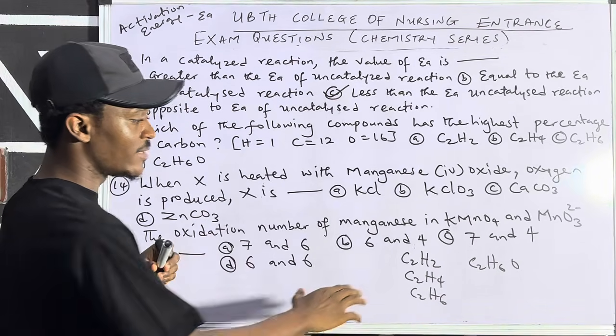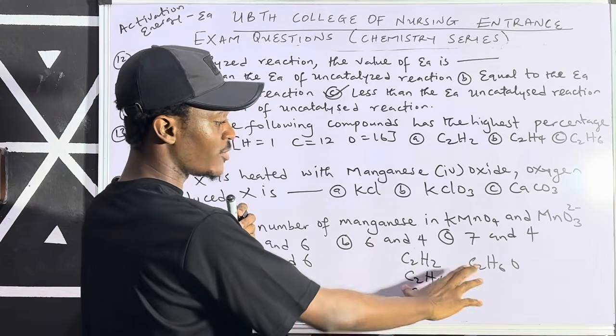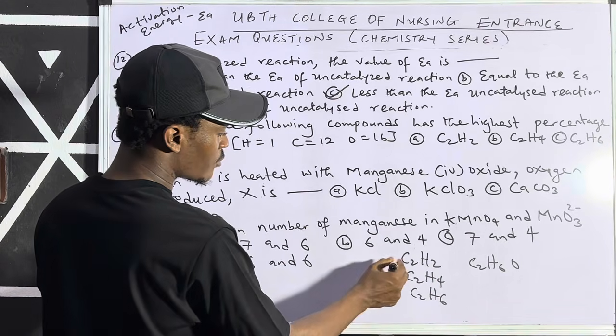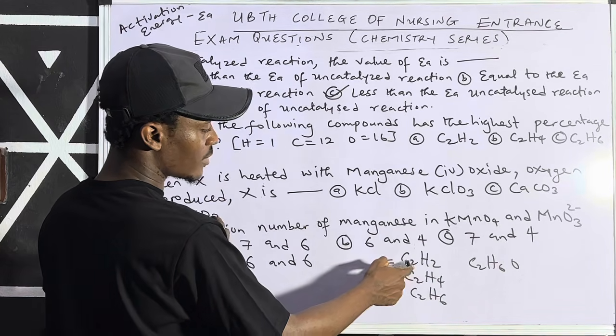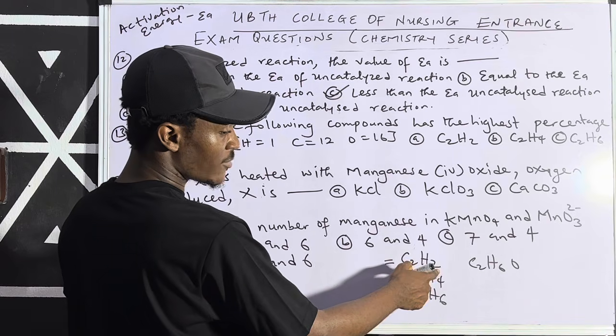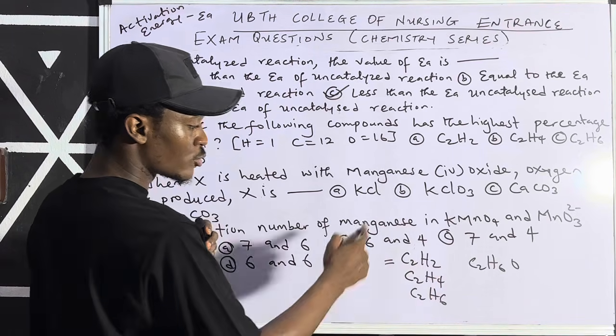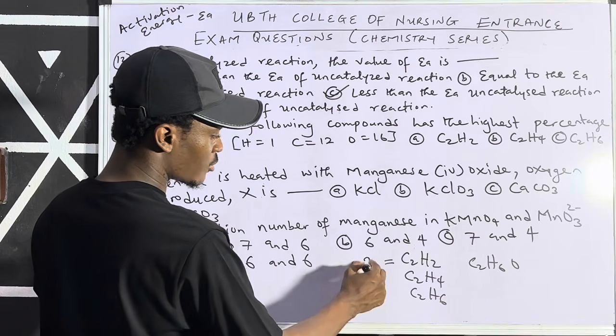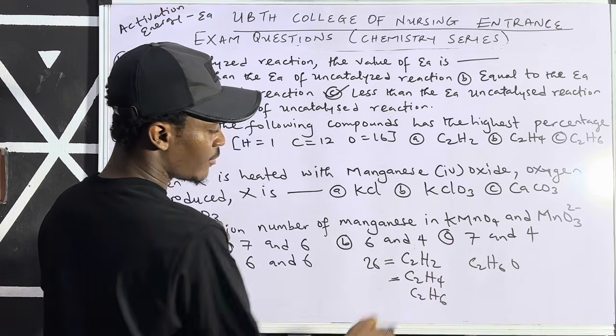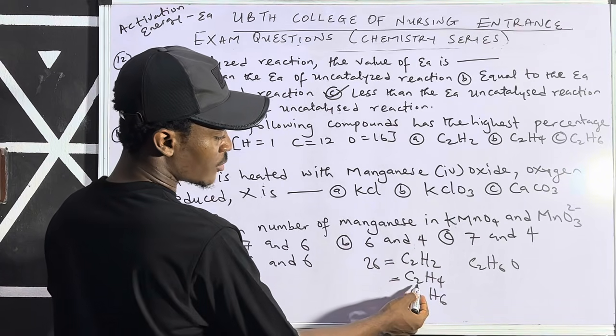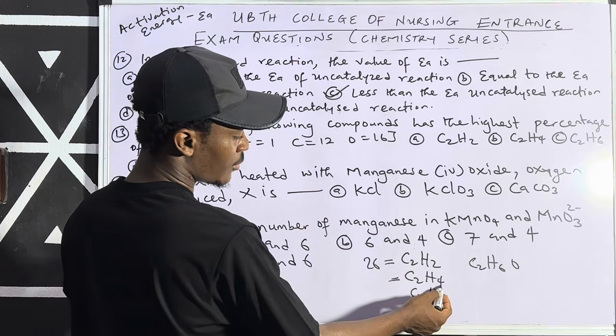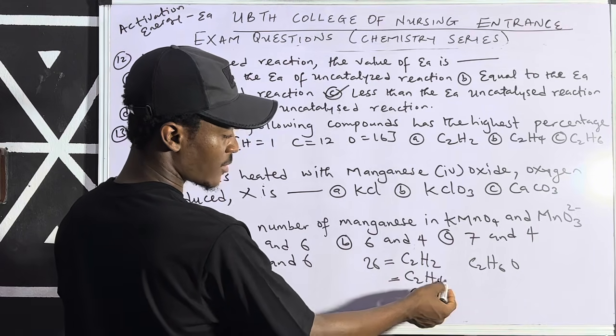Firstly, we have to get the relative molecular weight of each of them. For C2H2, carbon is 12 times 2 is 24, then hydrogen is 1 times 2 is 2. So 24 plus 2 should be 26. Then for C2H4, carbon is 12 times 2 is 24 plus 4, because 4 times 1 is 4.